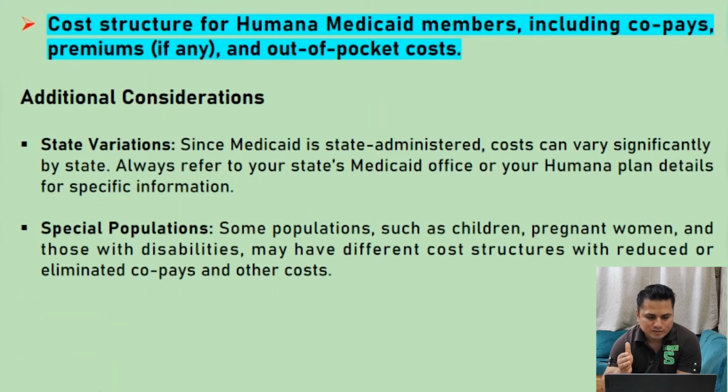Additional considerations: state variations. Since Medicaid is state administered, cost can vary significantly by state. Always refer to your state's Medicaid office or your Humana plan details for specific information.